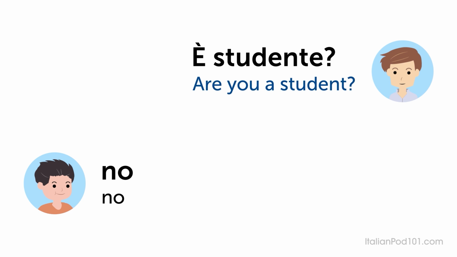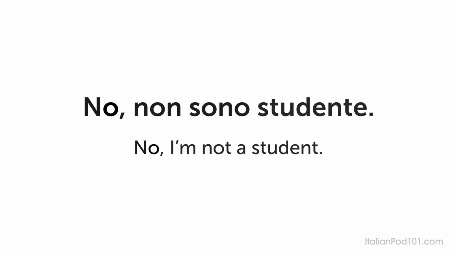First is the expression No, meaning no. It answers Mark's yes or no question, "Are you a student?" È studente? After this, Paolo specifies that he's not a student. Non sono studente. I'm not a student.